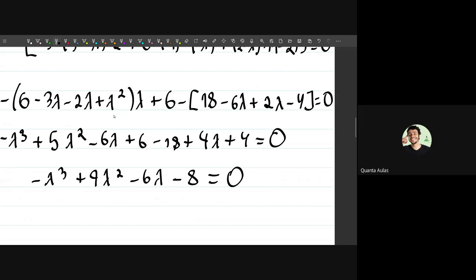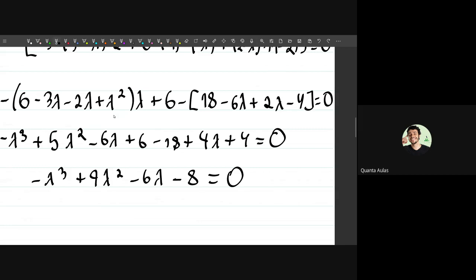So we have a 3-degree equation, okay? And we need to solve this equation. But this is a 3-degree equation. It's hard to solve this, okay? Because we don't have the quadratic formula, for example, and we cannot isolate the lambda too, okay?